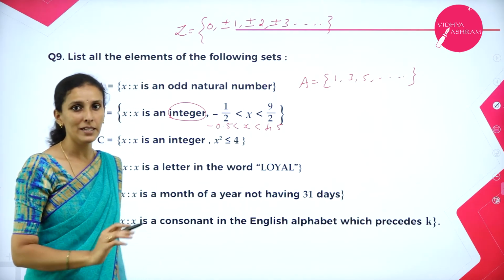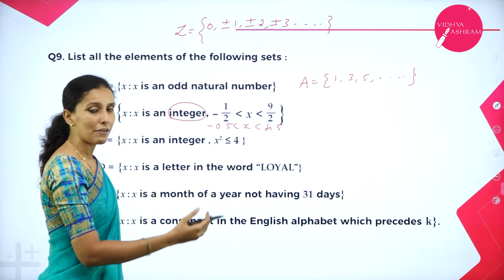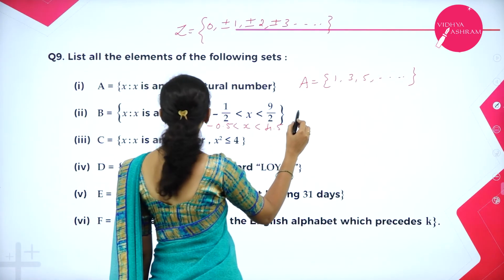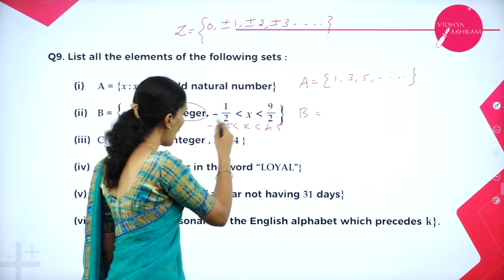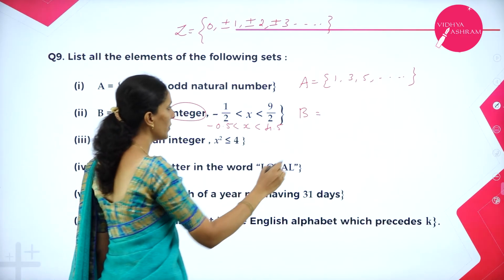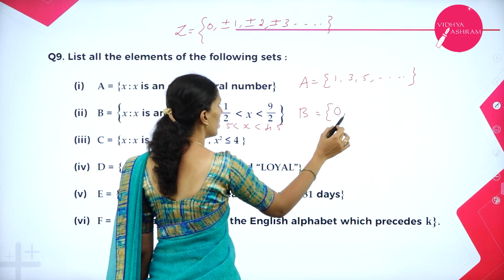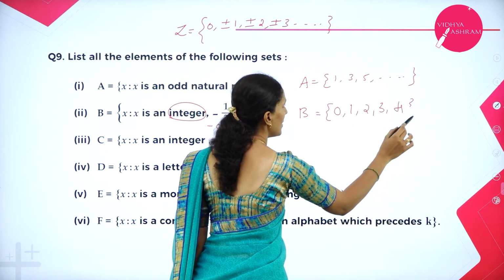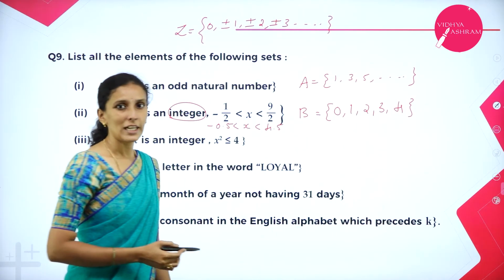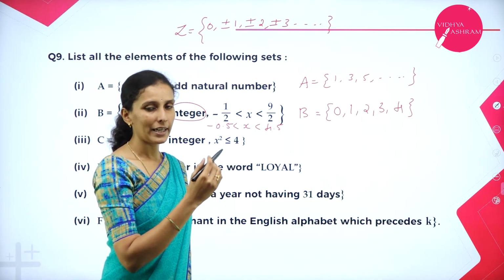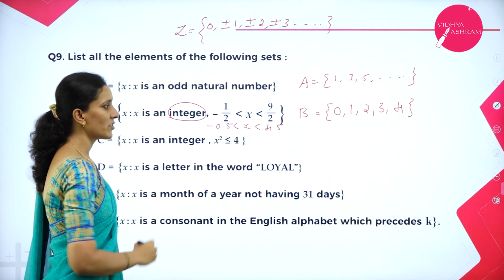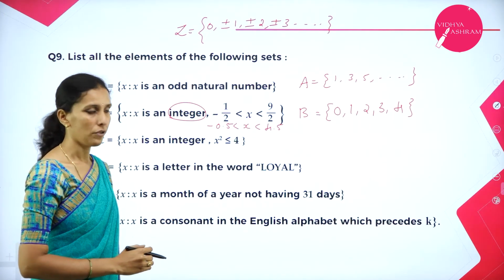So leave the decimals and write only the numbers after minus 0.5 and before 4.5. So what are the integer values you can get here? After minus 0.5, the integer value is 0, 1, 2, 3, 4. I'll stop here because it is strictly less than 4.5. The very next integer before 4.5 is 4. So the elements are 0, 1, 2, 3, 4.